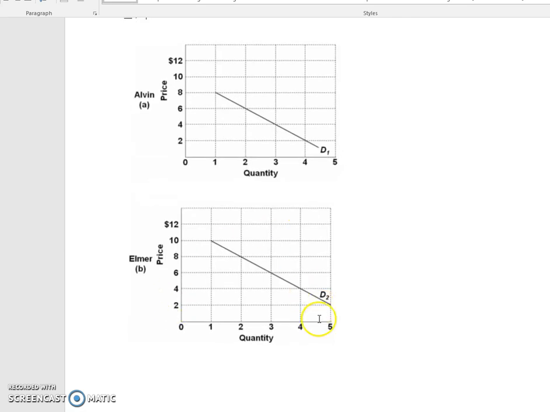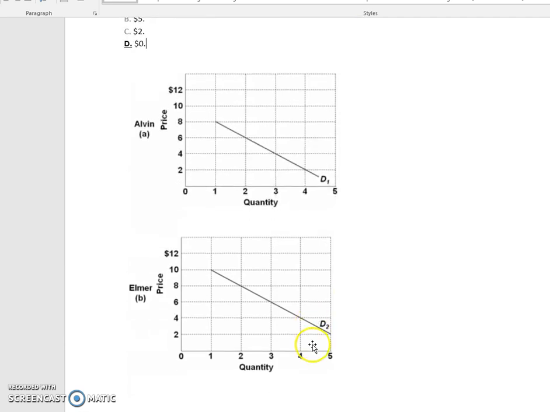Now the next thing is question number 18. Here this is based on these two graphs. This one in the upper panel is Alvin's and this one is Elmar's demand curve. This is D1 for Alvin, and on that demand curve, look at this corner.